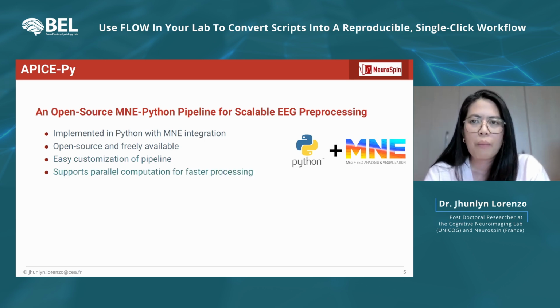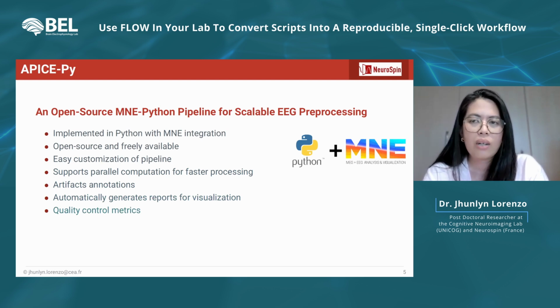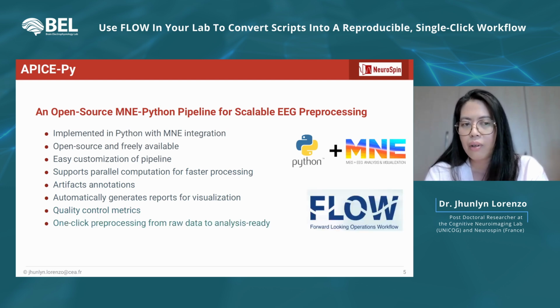It supports parallel computing for faster computation, it annotates artifacts automatically, and it also automatically generates reports for visualization and for quality check. We also include some quality control metrics so that the user can verify the reliability of the data. And now, thanks to Flow, we will have a one-click pre-processing from raw to analysis-ready data.